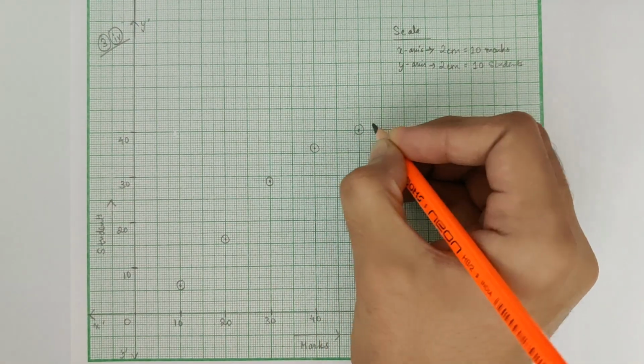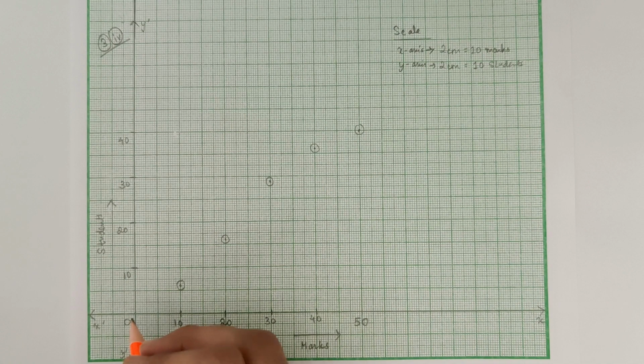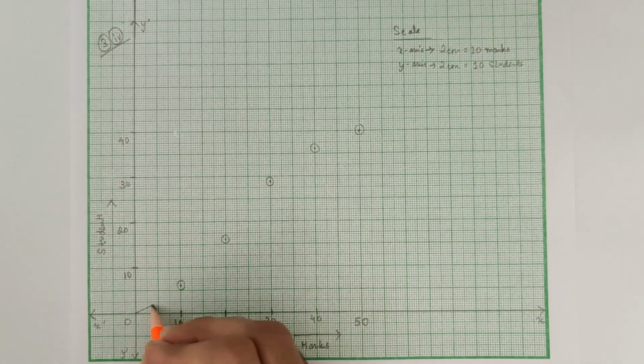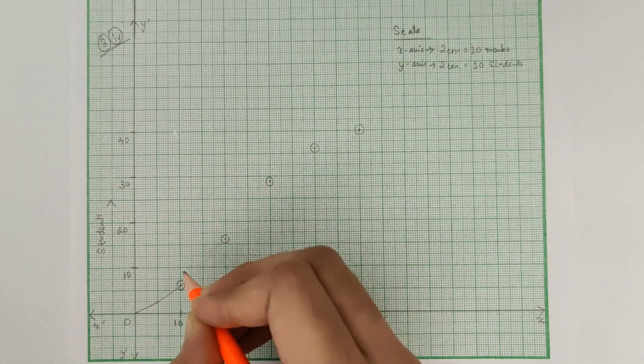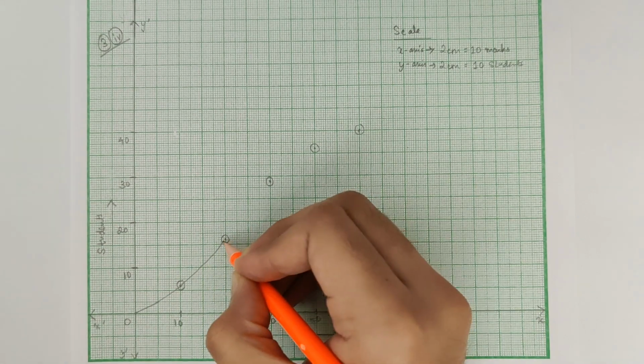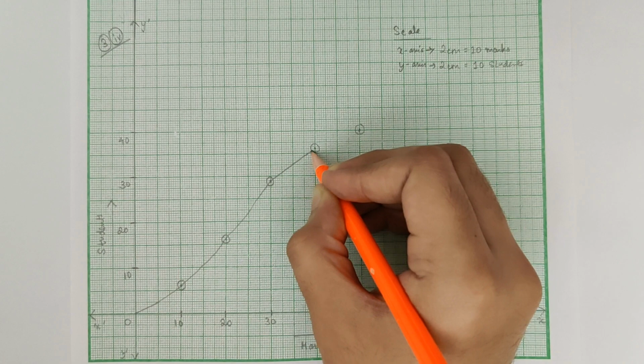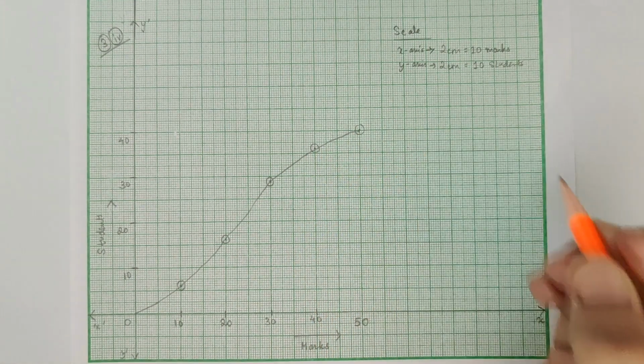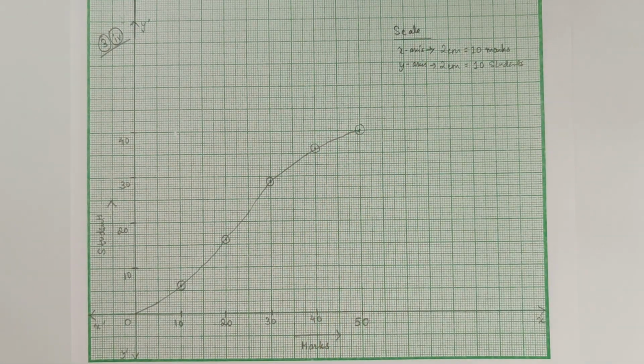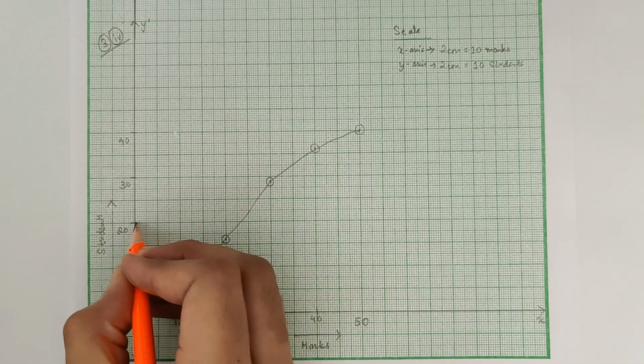Now let's construct the ogive. So it will start from 0, free hand. So here you have the ogive. Now for median, we had the 20th term. So it will come from here.